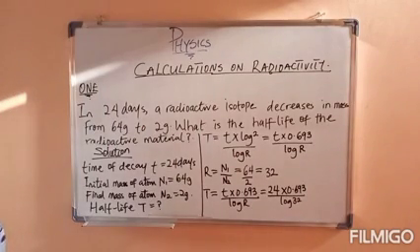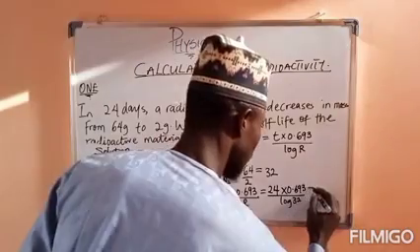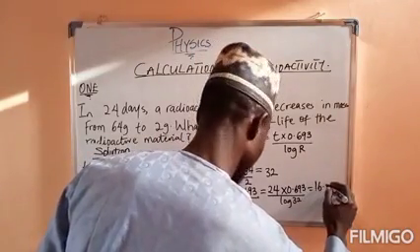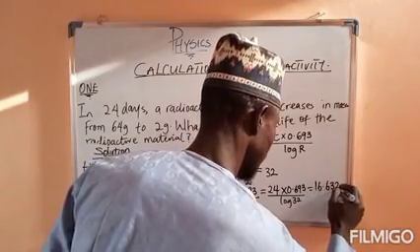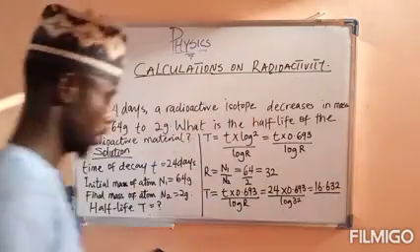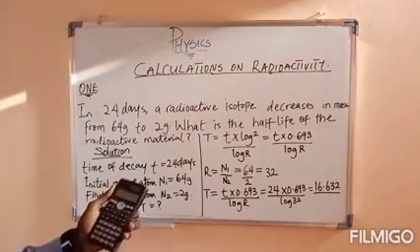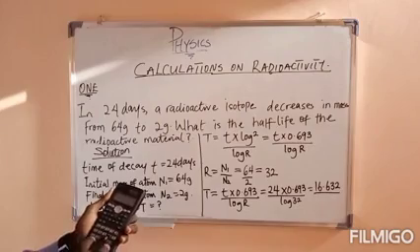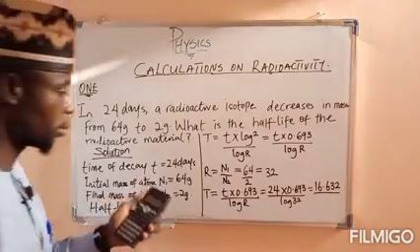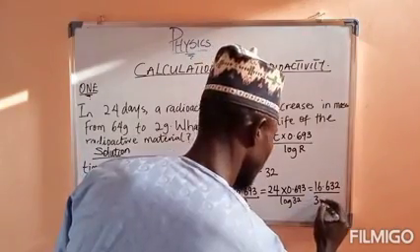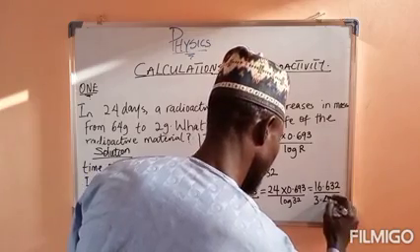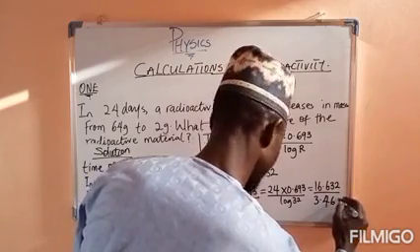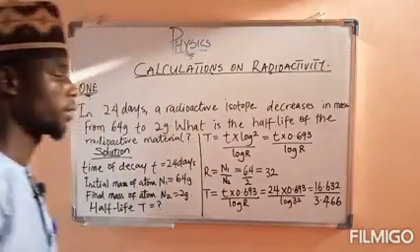Now all I need to do is multiply 24 by 0.693. That gives us 16.632 all over ln 32. Press ln 32, that gives us 3.466 approximately.